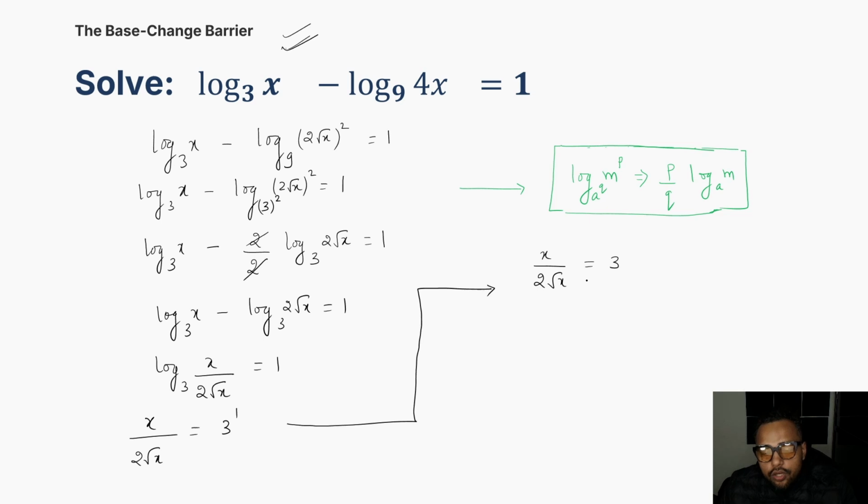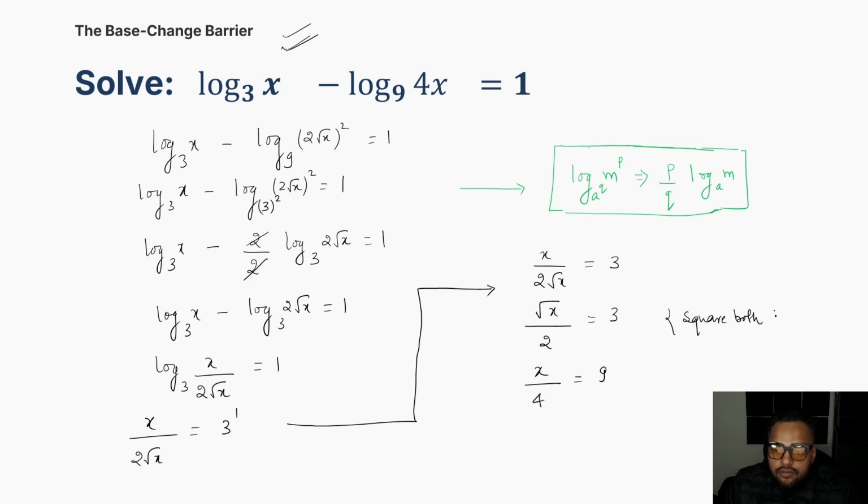Now what we need to do, we can square both the sides, or we can cancel out the term here itself. If we cancel out the term, we'll be left with root x upon 2 equals 3. Now on squaring both the sides, we'll get x by 4 equals 9. I have squared both the sides.